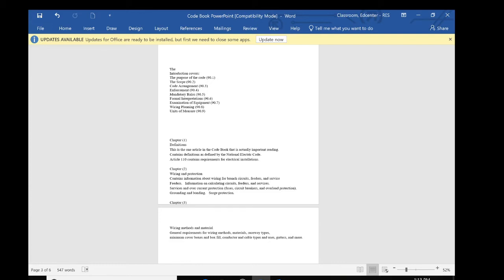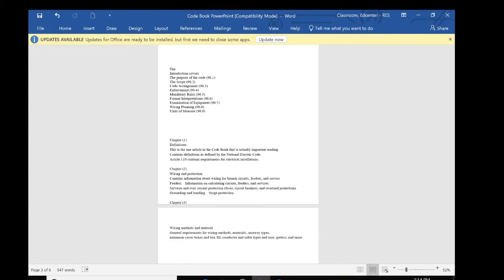Explanatory materials such as references to other standards, references to related sections of this code, or information related to the code rule is included in the code in the form of informational notes. Such notes are informational only and are not enforceable as requirements of this code.